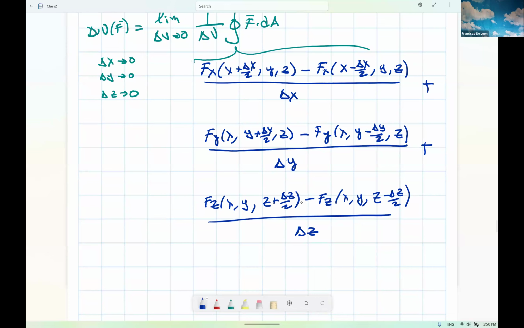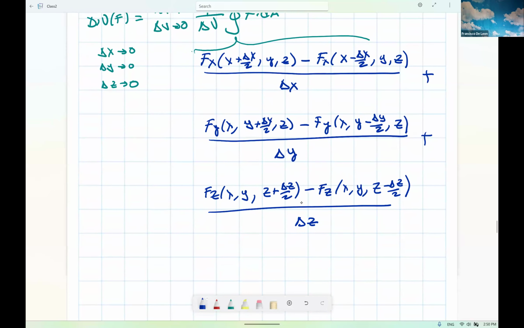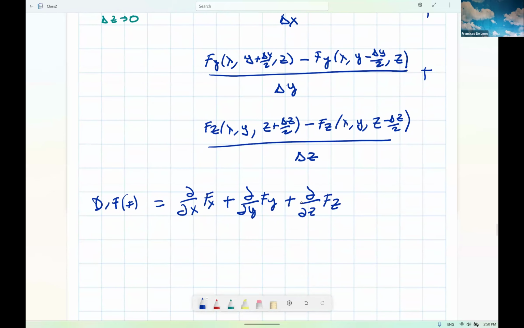And when you take the limit, you will know that the divergence of f will be the partial derivative with respect to x of f_x, plus the partial derivative with respect to y of f_y, plus the partial derivative with respect to z of f_z. Holy smokes. What does this mean?